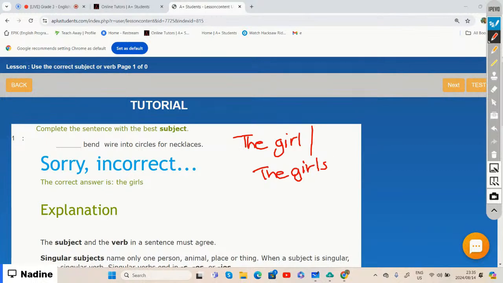Do we say the girl bend wire into circles for necklaces, or do we say the girls bend wire into circles for necklaces?